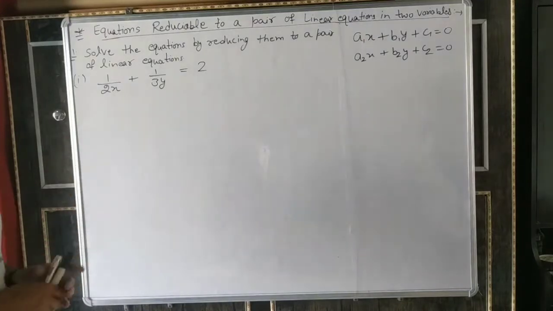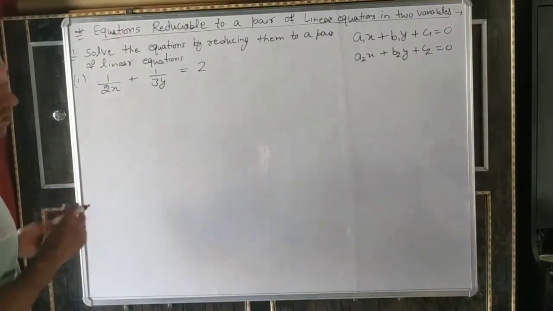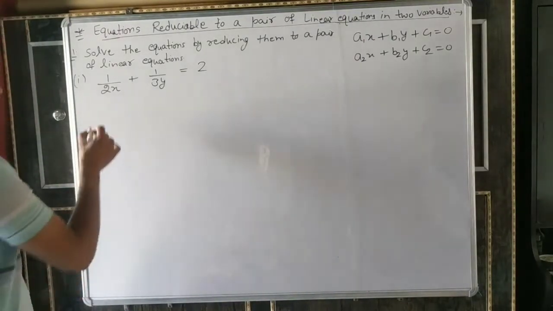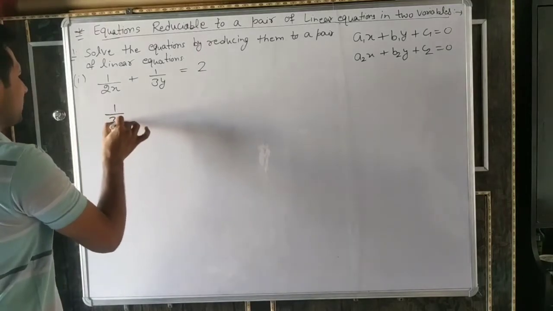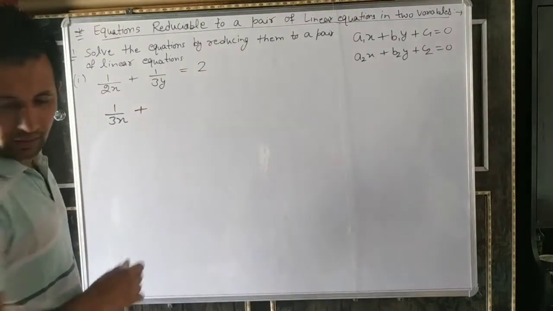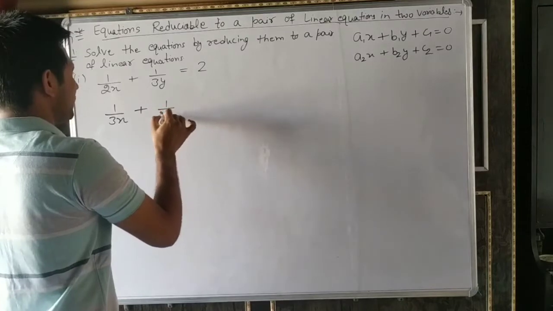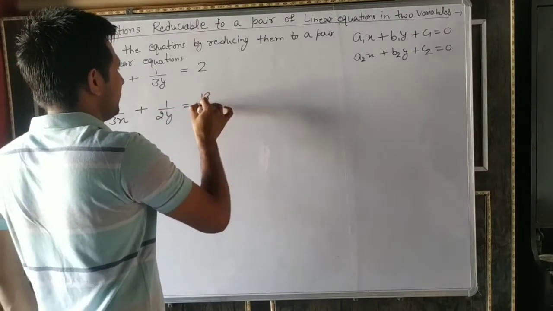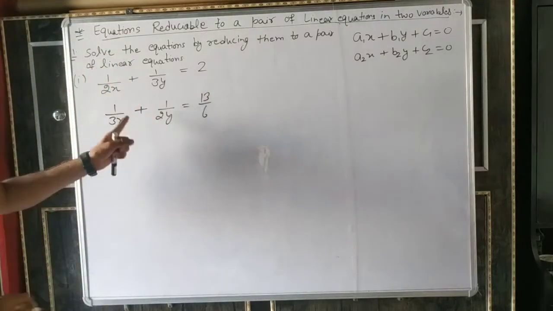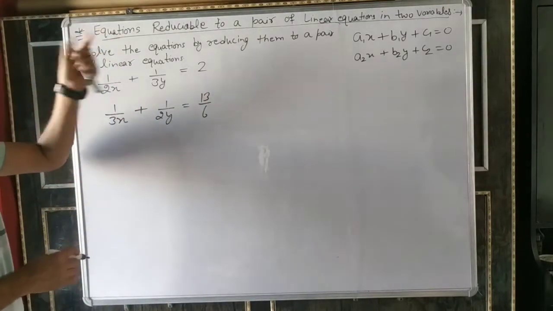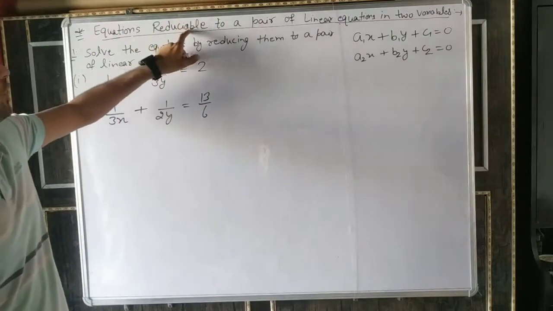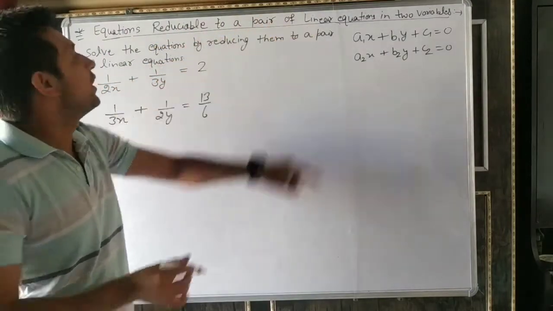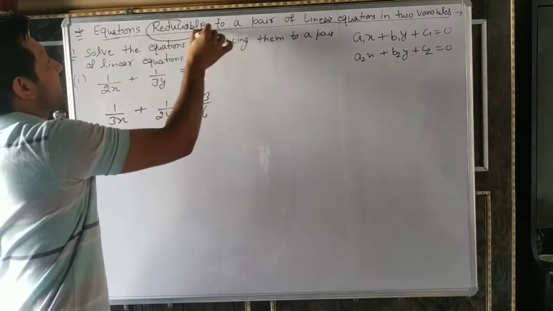But dear, here equations are given. Suppose first question, first part: 1 upon 3x plus 1 upon 2y equal to 13 upon 6. So we have been given these two equations, and always remember, equations reducible to a pair of linear equations. Reducible means, dear, convert.